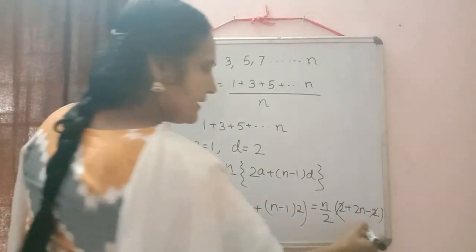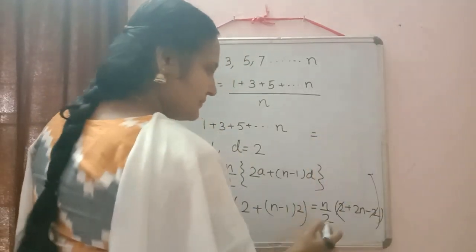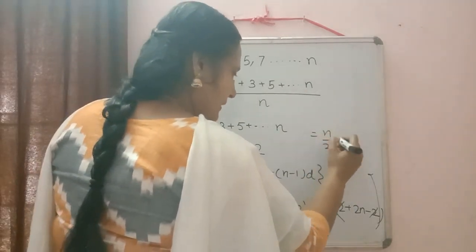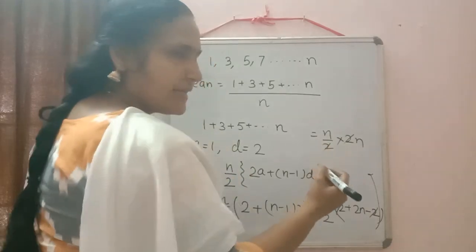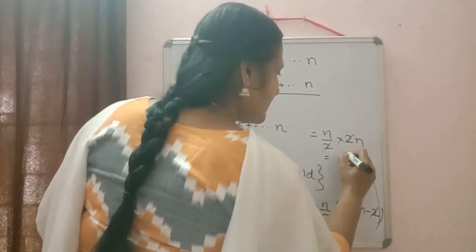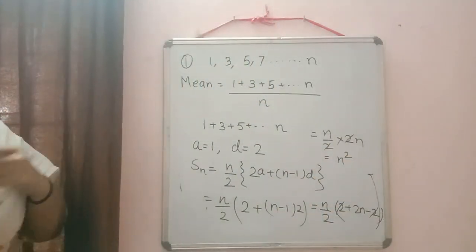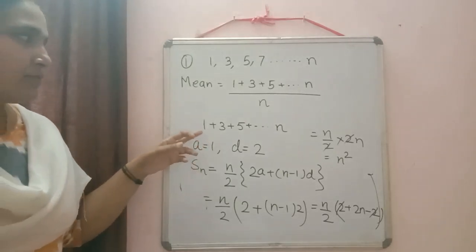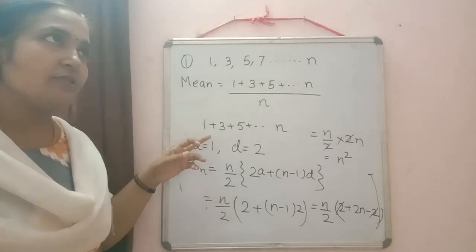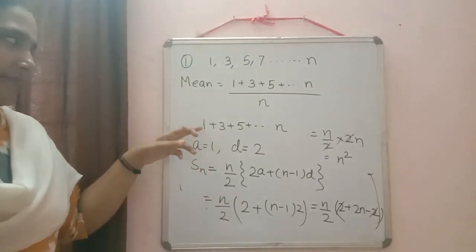Then n by 2 into 2n is remaining. So 2 and 2 will get cancelled. We get the sum is equal to n square. It will be better if you learn this formula also, because in most competitive examinations this type of question can be asked.